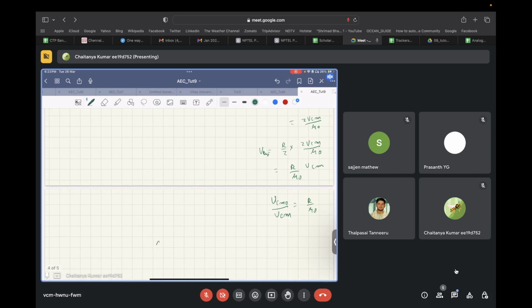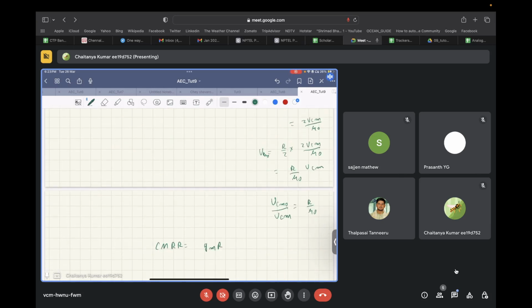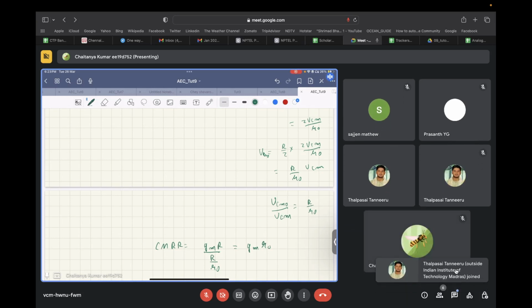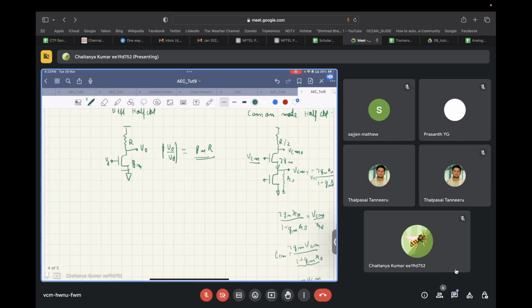So what is the common mode rejection ratio? It's the gain of the differential mode circuit, GM R, divided by the gain of the common mode circuit, R by R naught. This comes out to be GM times R naught. We can see that if R naught, the resistance of the tail current, is infinite, the common mode rejection ratio will become infinite.